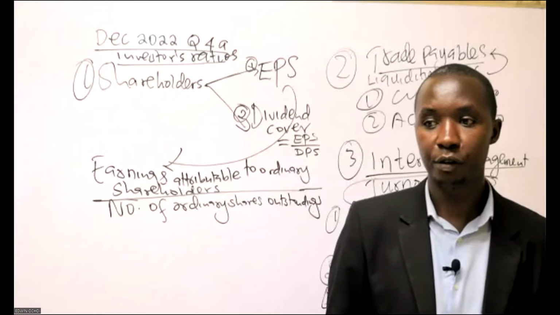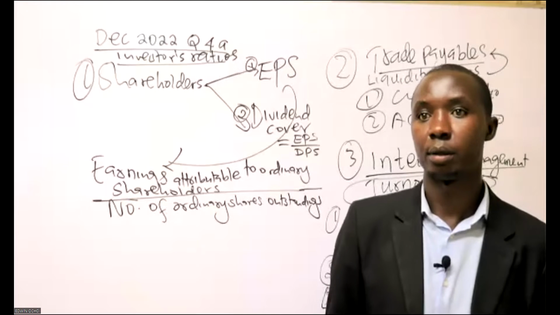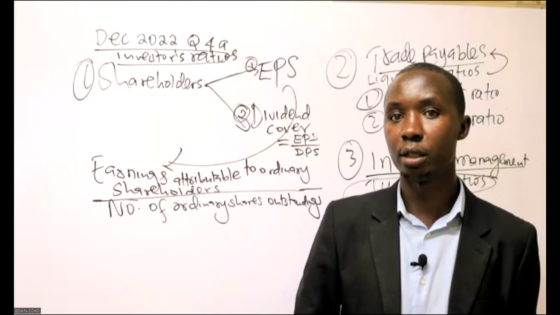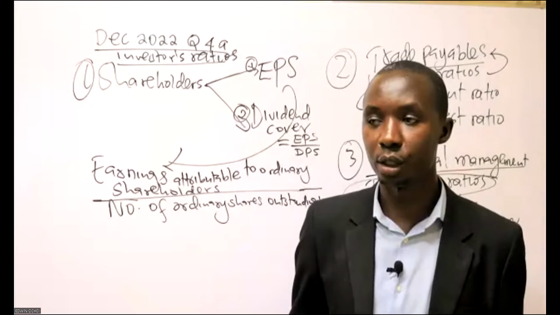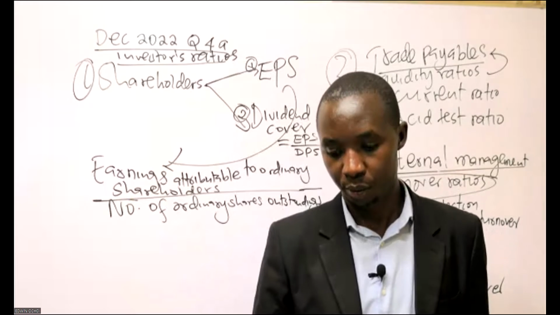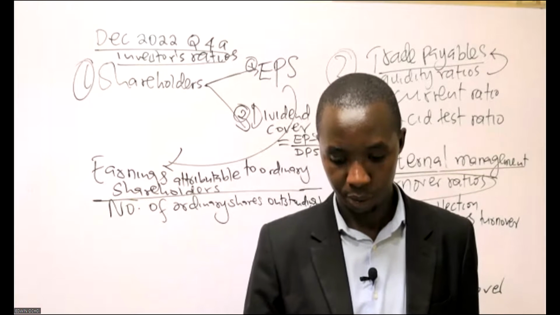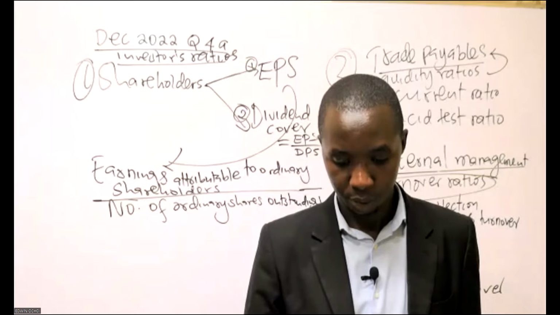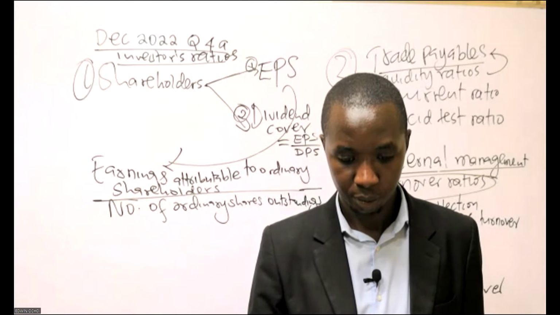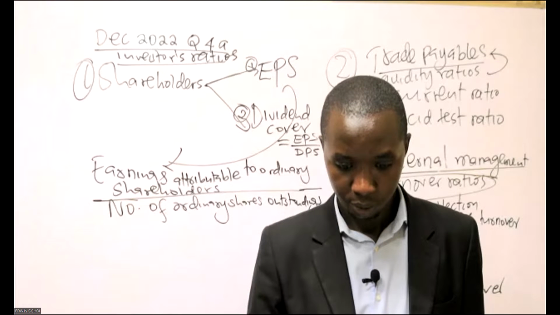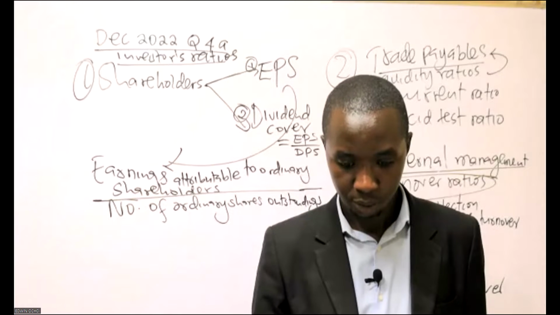Which type of preference are you talking about? Cumulative, non-cumulative, redeemable, irredeemable. Does it matter if it's redeemable? Is it classified differently?